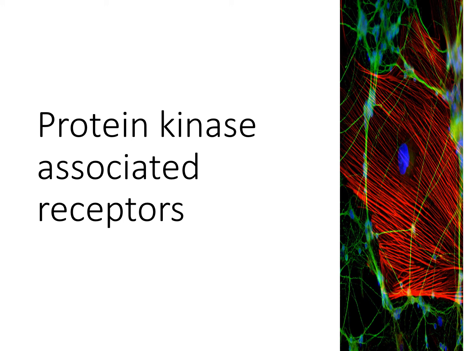In the protein kinase associated receptor mechanism, the signal will attach to the receptor, and then the phosphorylation of the tyrosines in the cytosolic domain will cause a series of activations of certain other enzymes, which leads to the effector component giving an effect.